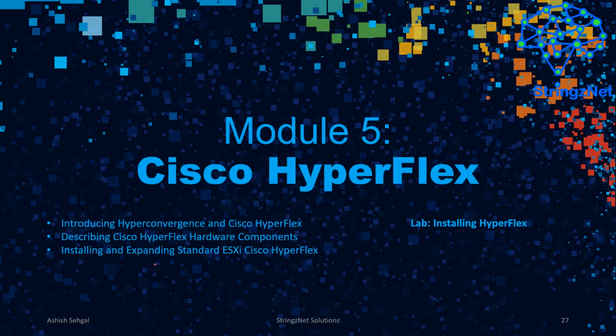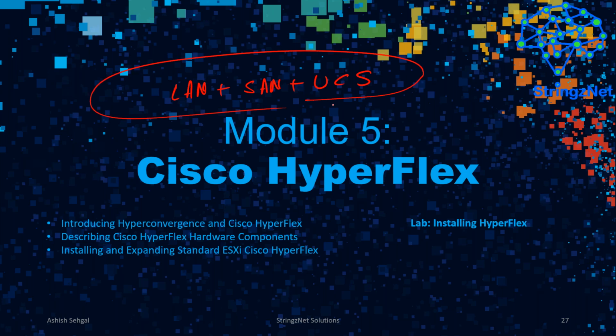Module number 5 will include Cisco Hyperflex, which is a merger of 3 technologies together: LAN, SAN, and UCS. This module will talk about the labs.